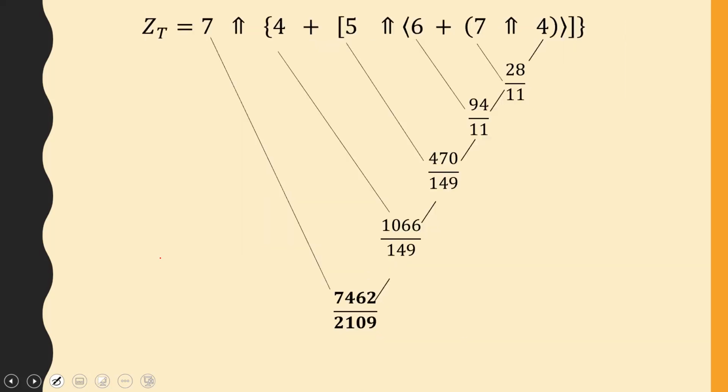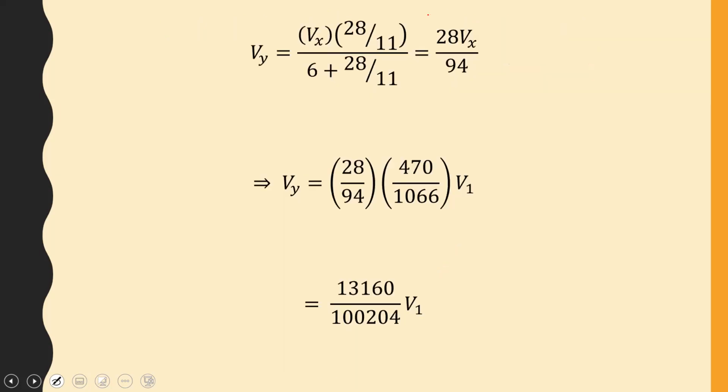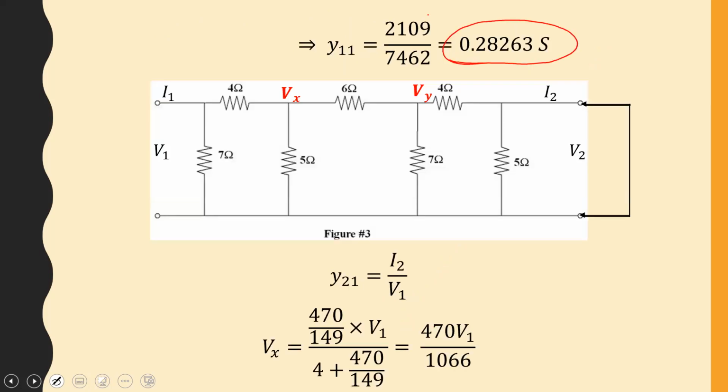Remember, once you have the resistance equation and all those values, you are then going to be dividing wherever you have a plus sign. All right? But these are things you are familiar with from Networks 1. And then you're finding Vx, Vy in order to find what I2 is equal to.